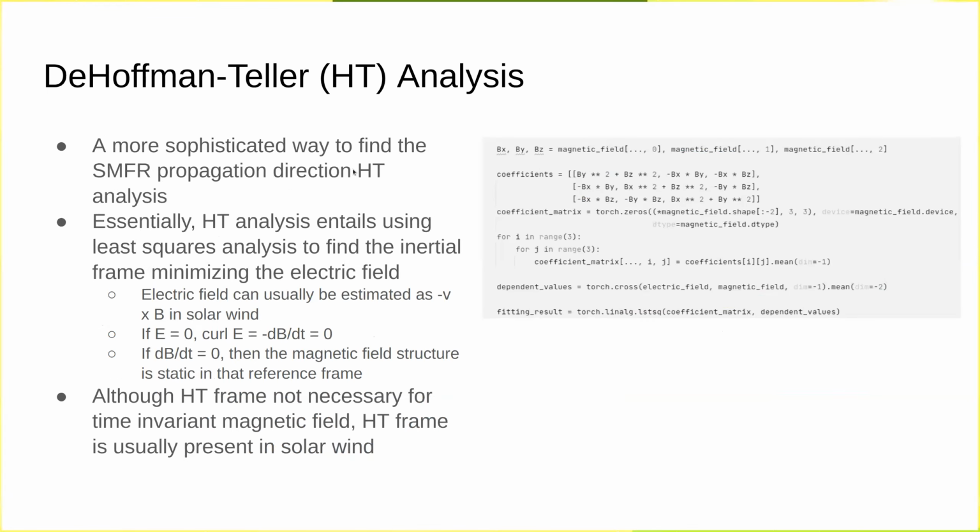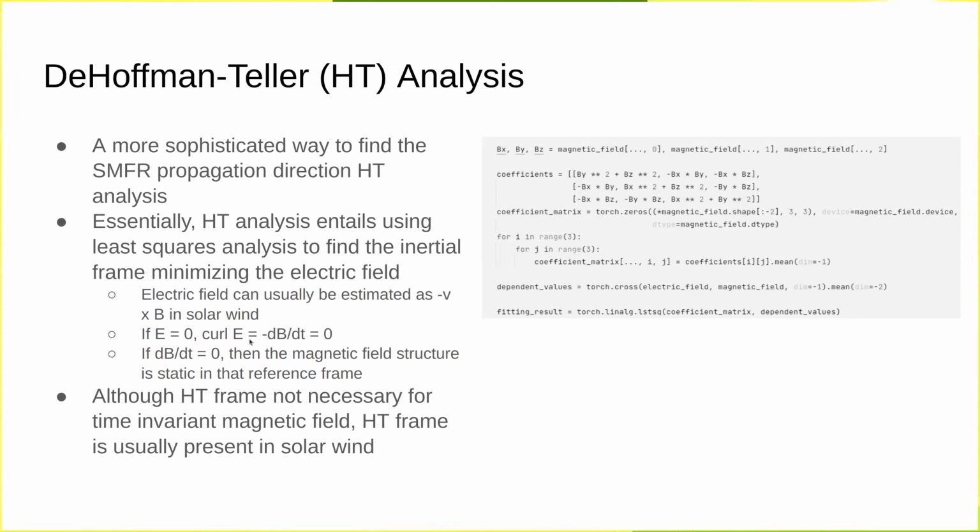As for the velocity of the flux rope or the frame, besides assuming that it's the same as the plasma velocity, a more sophisticated way is to use the de Hoffmann-Teller analysis, which is essentially using least squares from linear algebra in order to find an inertial frame where the electric field is zero.